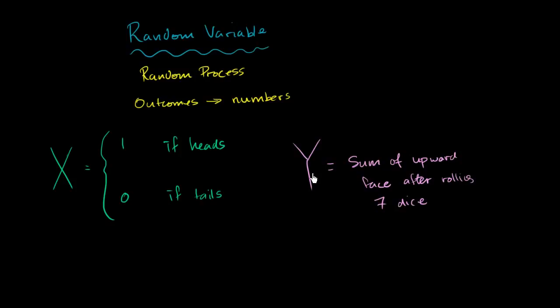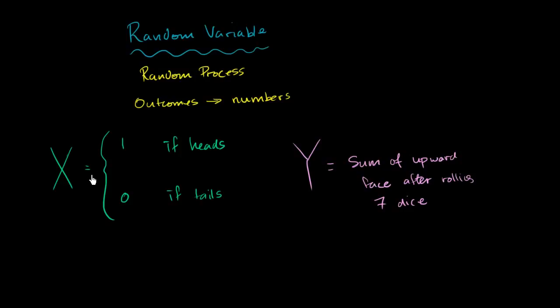Once again, we are quantifying an outcome for a random process. The random process is rolling these 7 dice and seeing what sides show up on top. And then we are taking those and we are taking the sum and we are defining a random variable in that way.